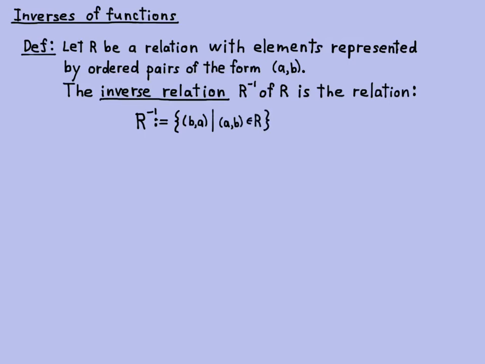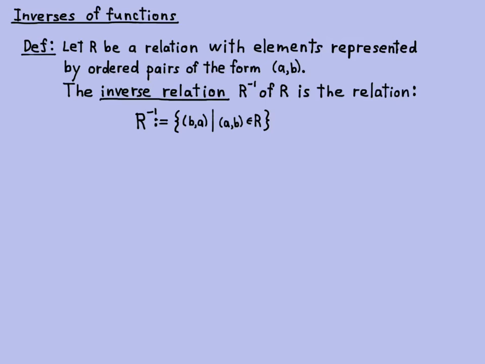Remember, a relation is a set of points. R inverse equals, by definition, the set of all points (B, A) such that (A, B) is an element of the relation R. So if (A, B) is in R, then (B, A) is in R inverse.